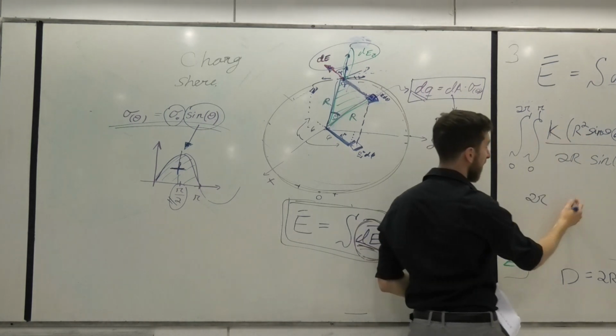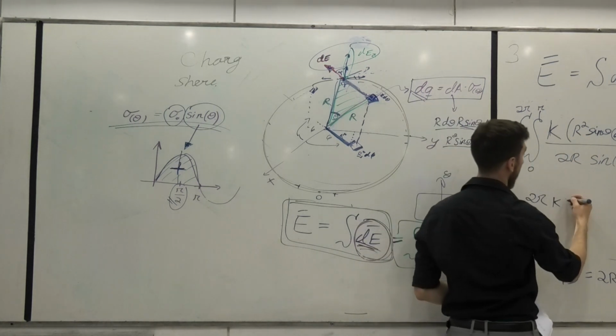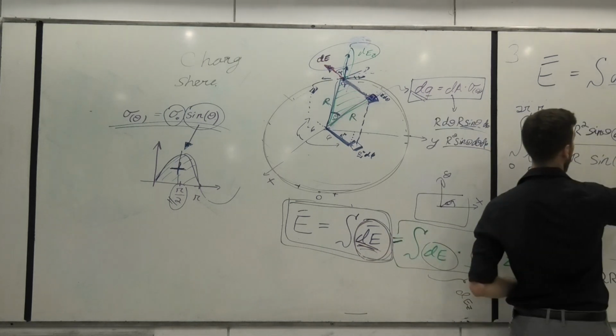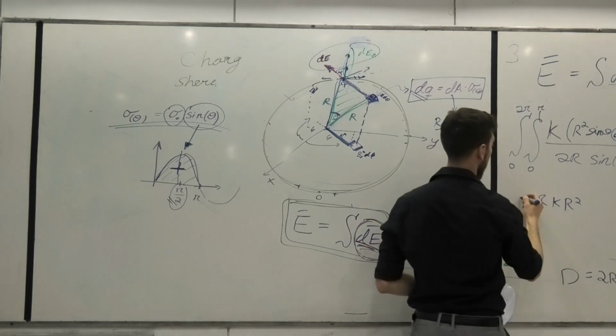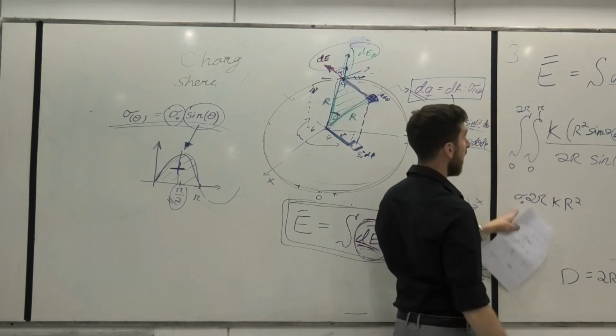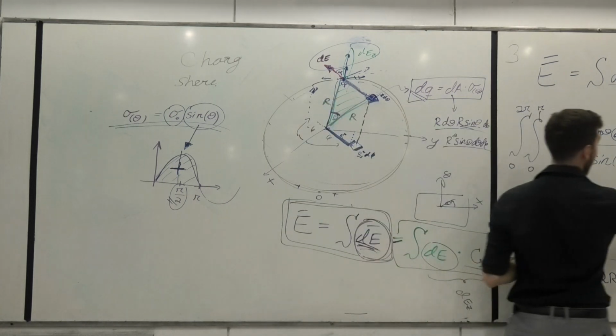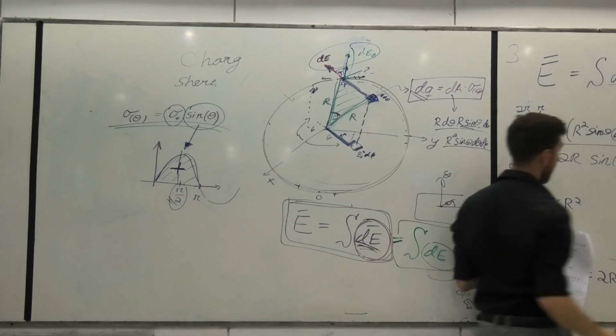And we start with k outside, r squared outside, sigma 0. Nobody told me about it, but we are missing sigma 0 outside. And we also have sine theta. Wake up!